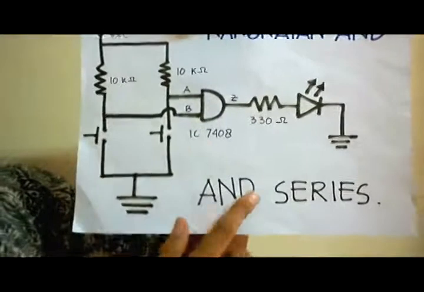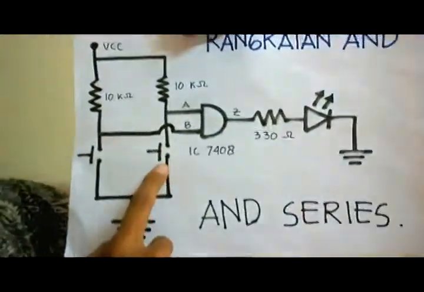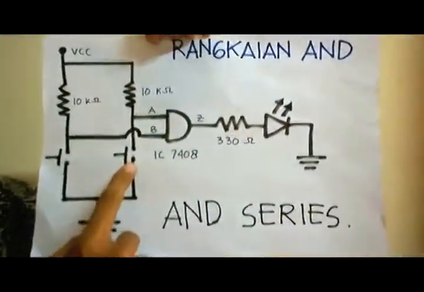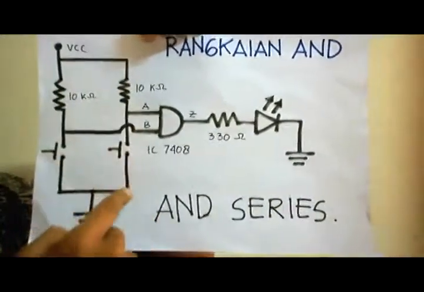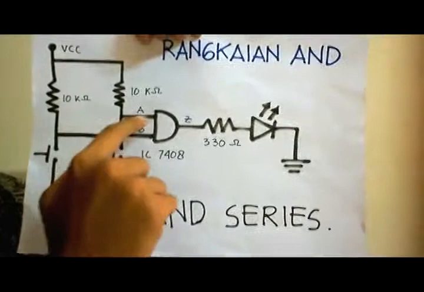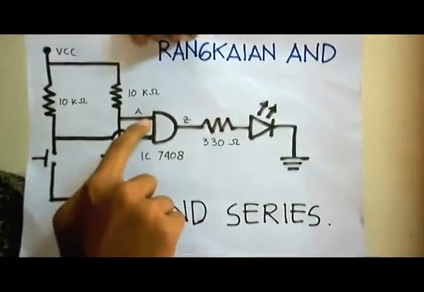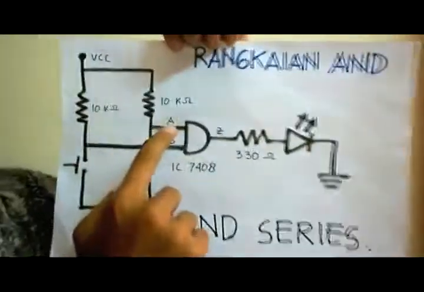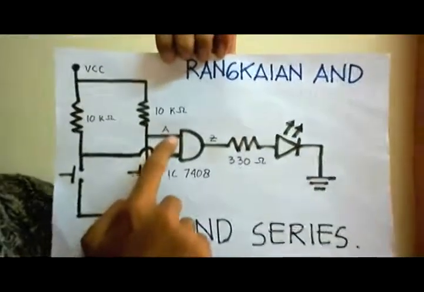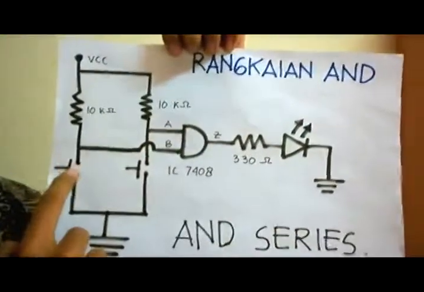Now let's see, if I press the button here, the current will fall down to the ground, so the A input will get low voltage or zero, and so does the B input.